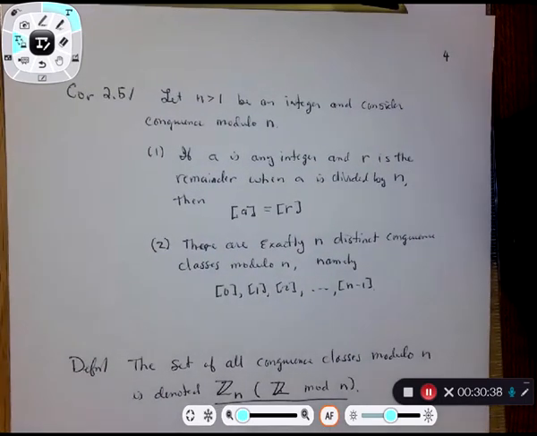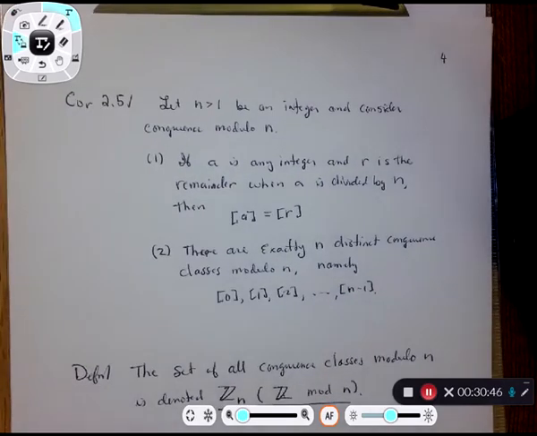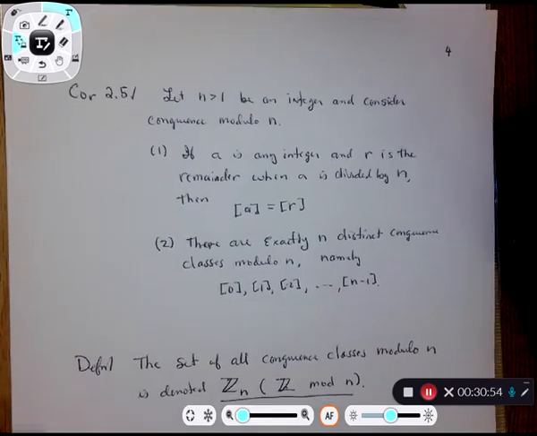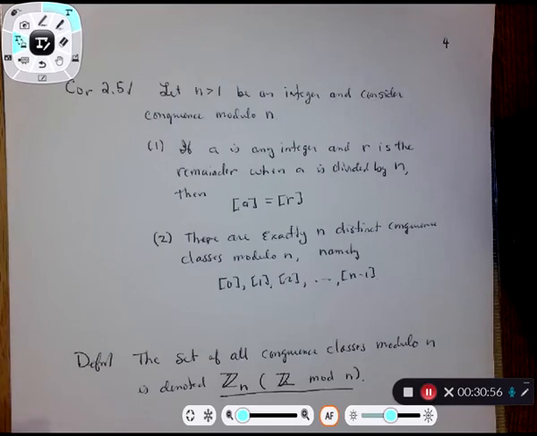Here's a big deal about this next one. This is Corollary 2.5. Let n be an integer greater than 1 and consider congruence modulo n.